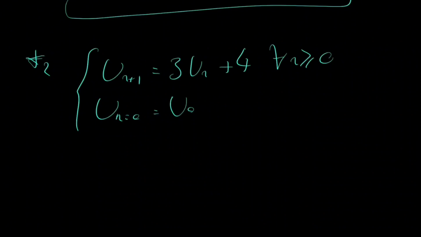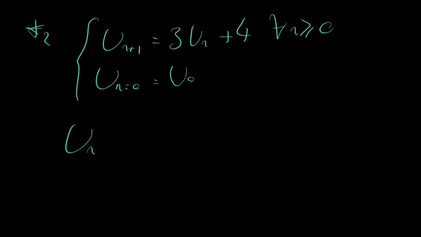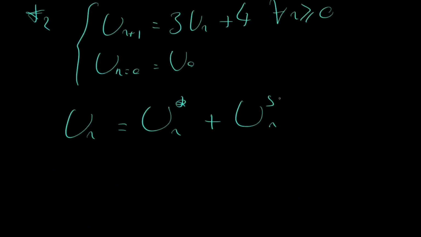We will have u_n, the solution, equal to u_n star, which is the homogeneous solution, plus u_n singular, which is going to be the singular solution.